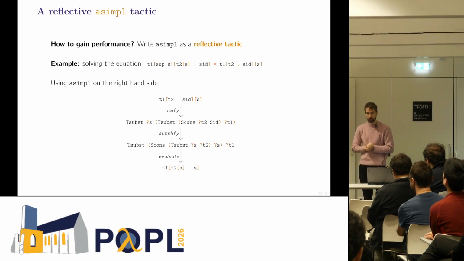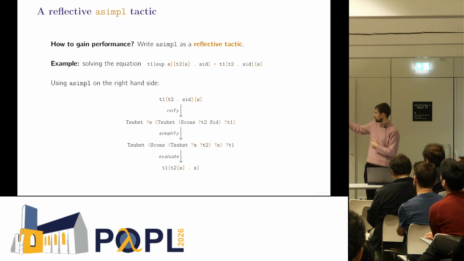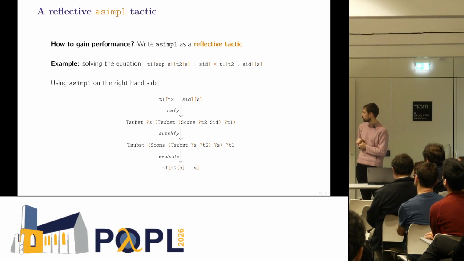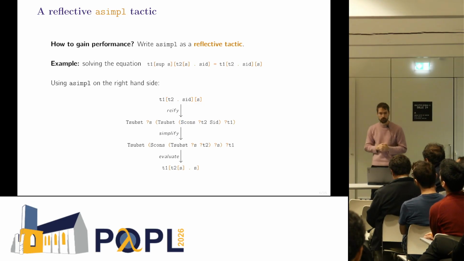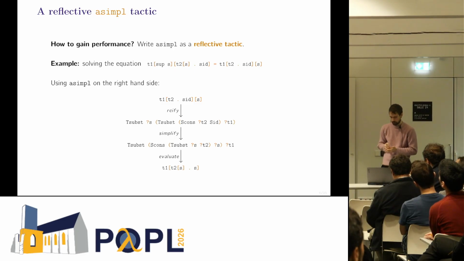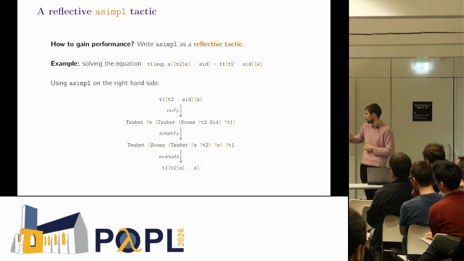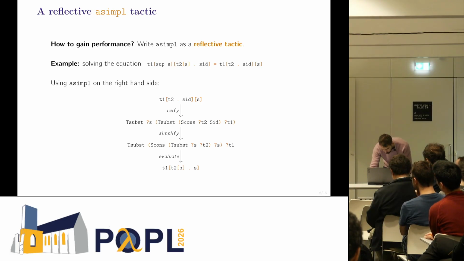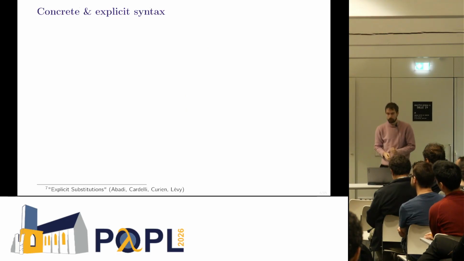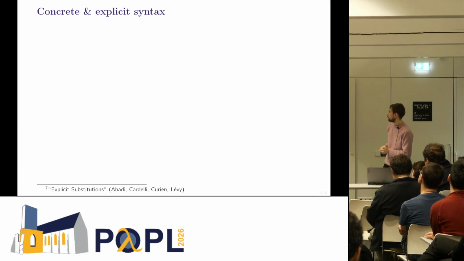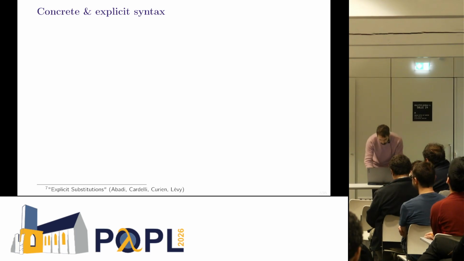SID with a capital is the identity substitution. Then you can write in Rocq a simplification function, which will go from this explicit syntax to itself and does the actual simplification. And then you can translate back using an evaluation function back to the concrete syntax. So that's a high-level point of view, and now I'll go into a bit more detail on how these two syntaxes are formed.